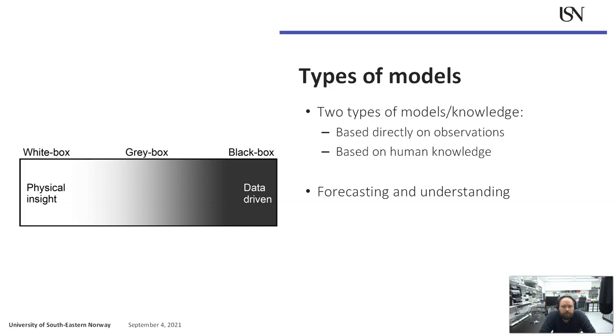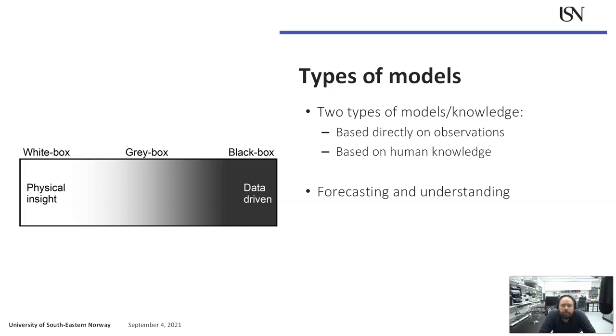However, if you are interested in in-depth understanding of the underlying system, then using a data-driven or black box technique can be challenging, because unlike the white box model, which is based on a human description of physics and therefore is very readable, at least to someone who is qualified in the field, the computer-based or mathematical expressions of knowledge that's used in machine learning is very often encoded in a very involved way.